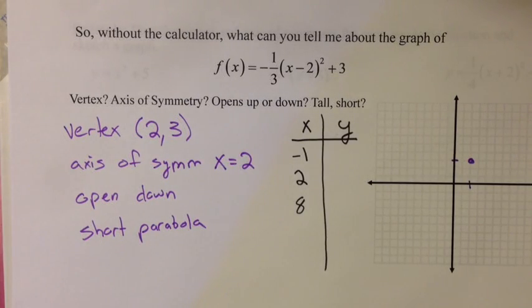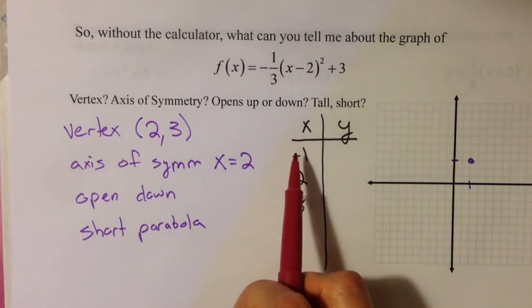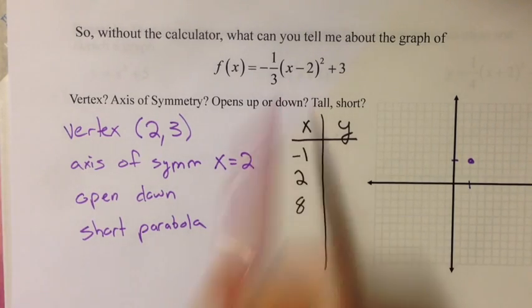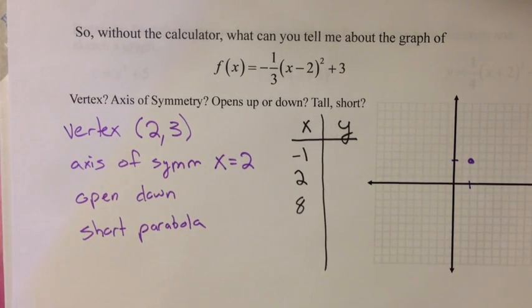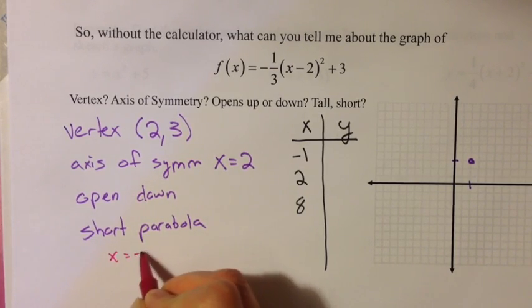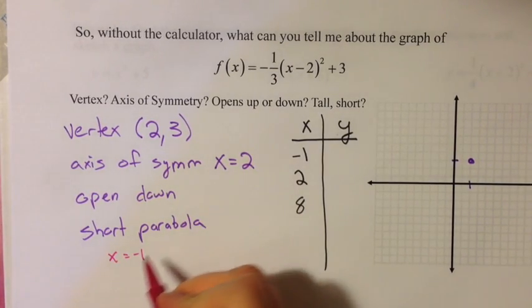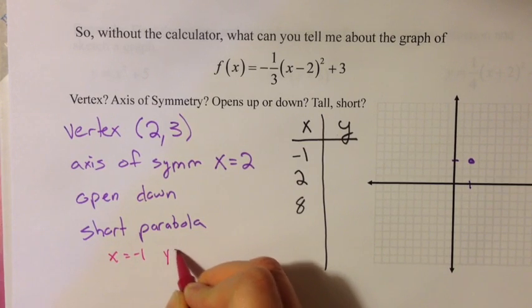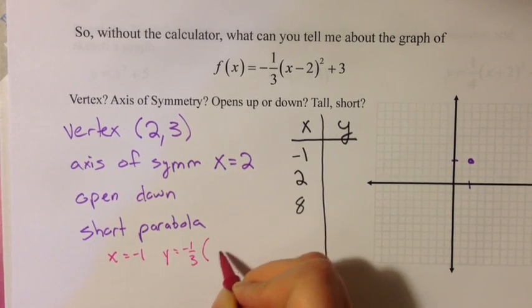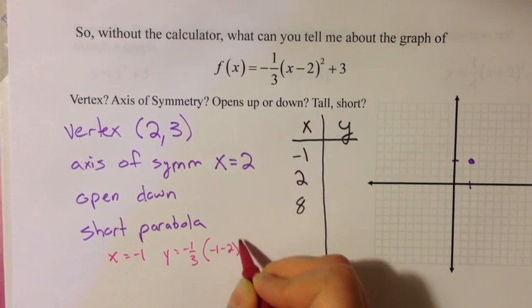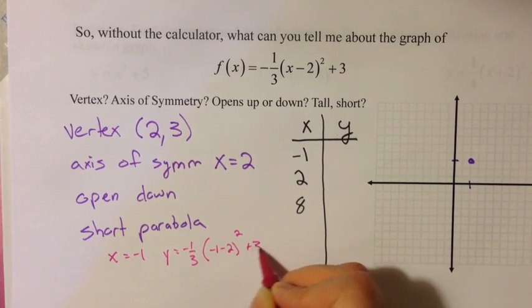To get a couple more points on my graph, I picked a few next values for x that I'll plug back in here to find out the corresponding value for y. I'm going to show you how one of those goes. If x is -1, then f of x, or y, is -1/3 multiplied by -1 minus 2 squared plus 3.